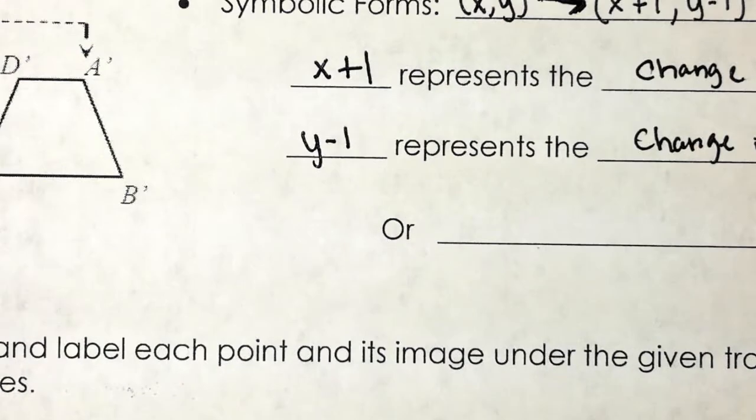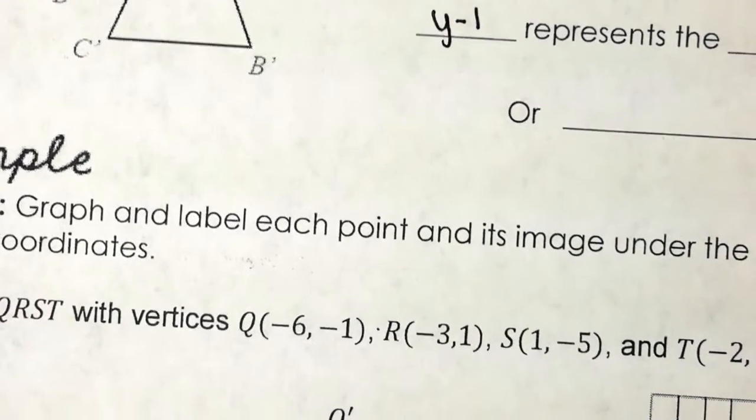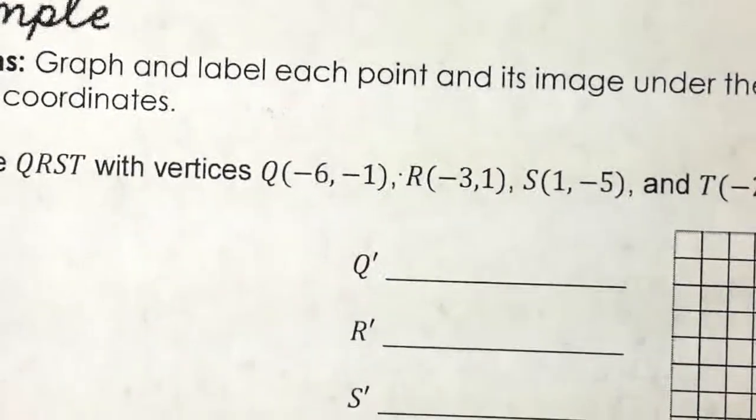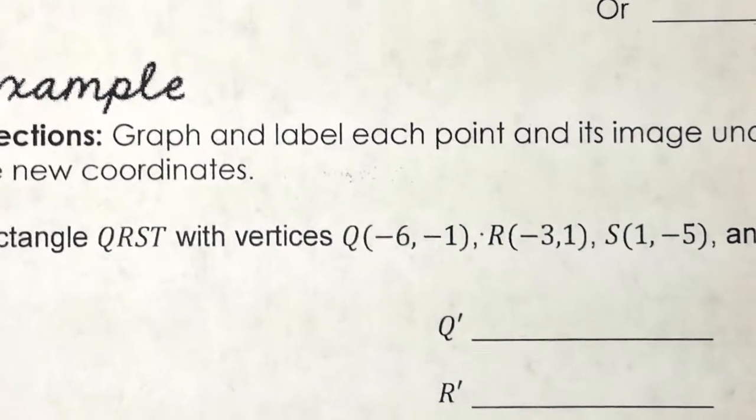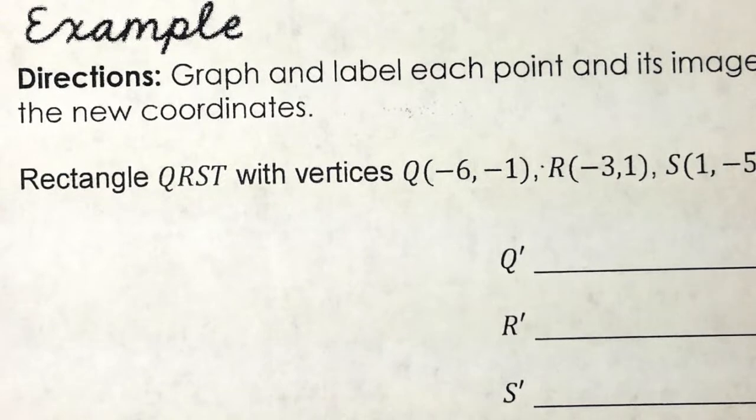So let's do the first transformation. Not transformation, translation. Let's be specific down here. In the directions it says graph and label each point in its image under the given translation. Give the new coordinates. It says rectangle QRST with vertices of Q at (-6, -1), R at (-1, 1), S at (1, -5), T at (-2, -7).